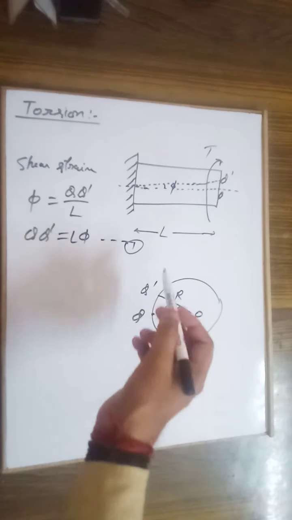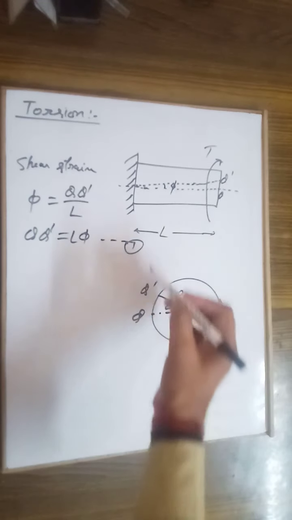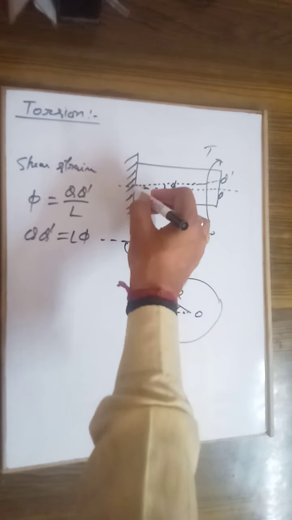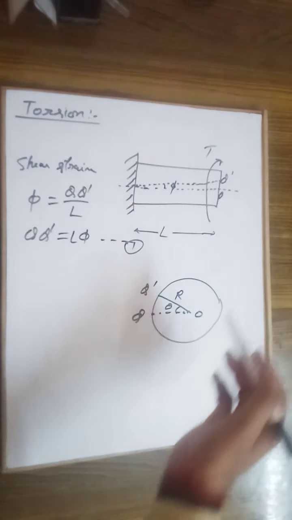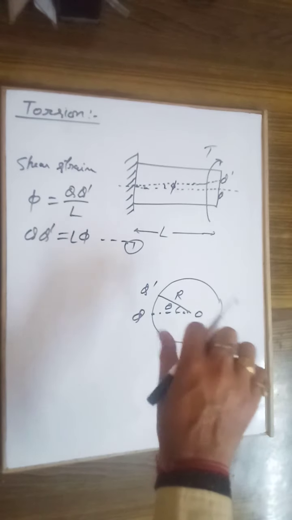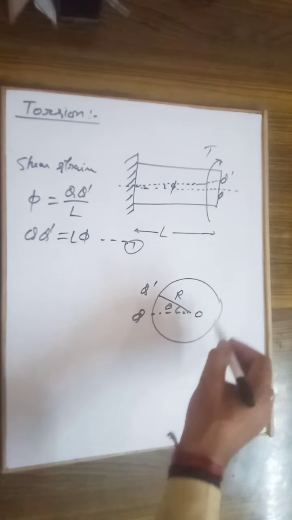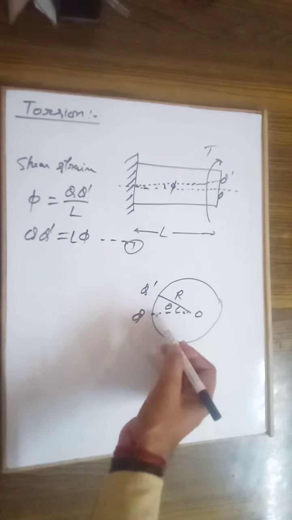Similarly, we can find out in this circle here. This is the angle at the fixed end of this cantilever, and for this particular cross section in the front view we will see that there is some different twist. Here in this figure we can find the value of q dash.